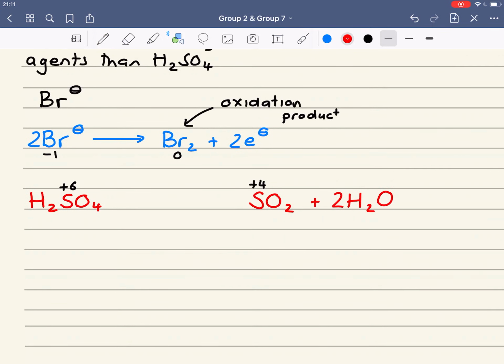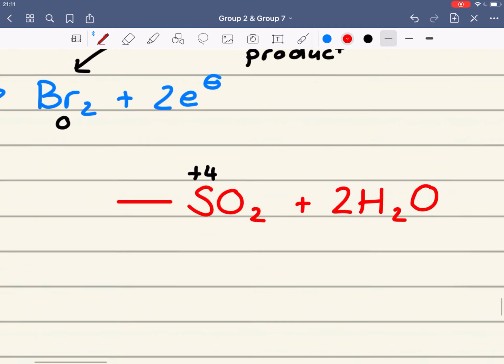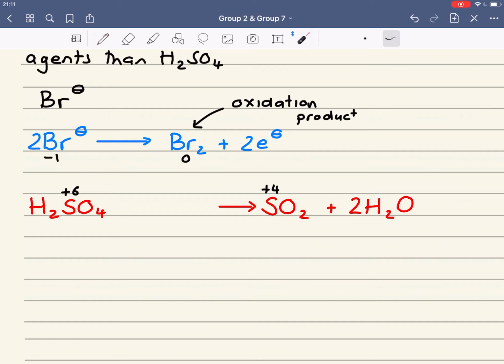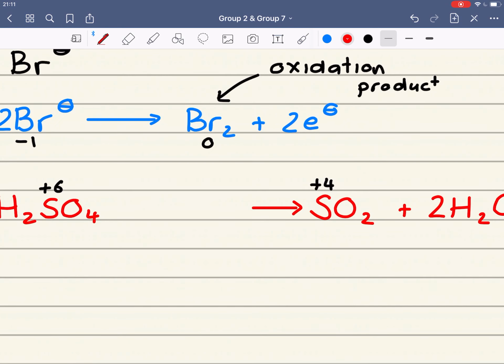Now, I then need to balance my hydrogens with hydrogen ions, and we can see now I've got 2 hydrogens on this side, but I've got 4 on this side, so I need to put 2H+. And to balance charge, I need 2 electrons.